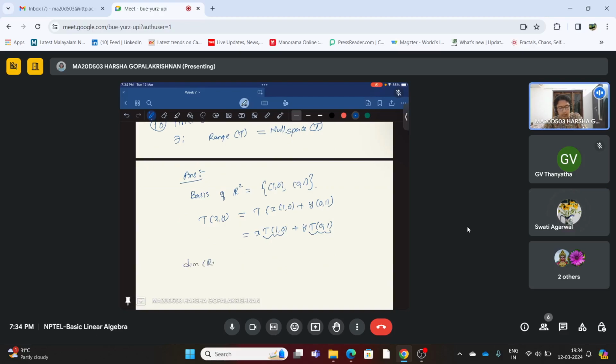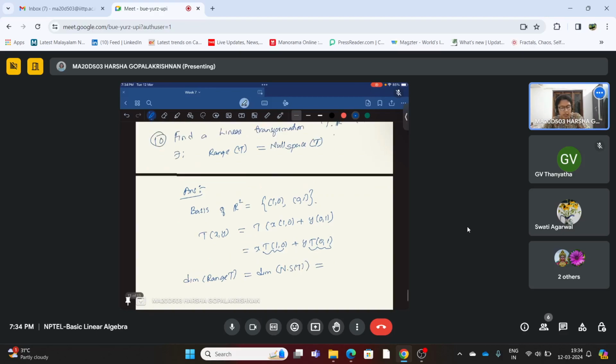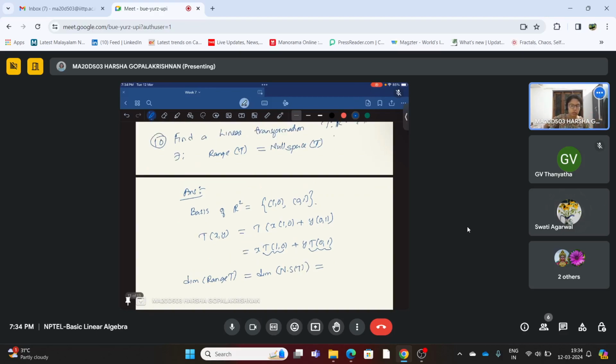Both are subspaces of R2. So what are all the possible dimensions of a subspace of R2? What is the dimension of R2?